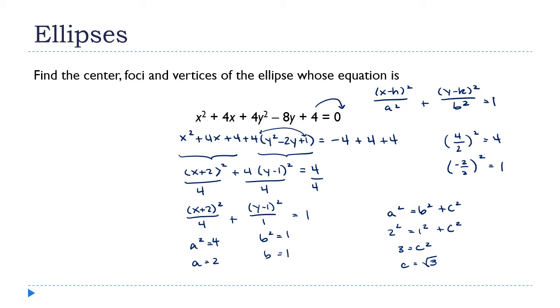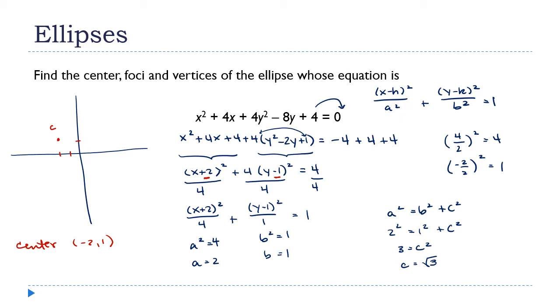This is a side-to-side graph, and the center is at, I'm getting this from this part, the center is at -2, 1. So I'm going to go -2 and 1. There's my center. Now, where are the focal points?